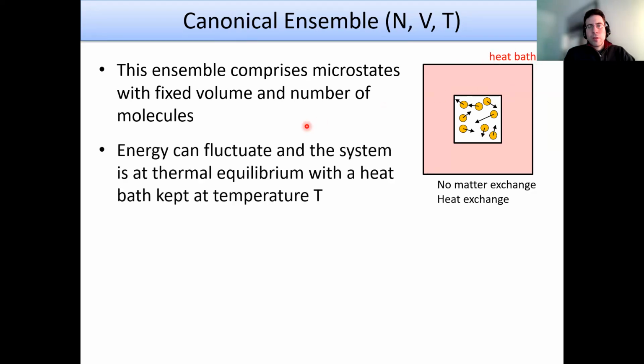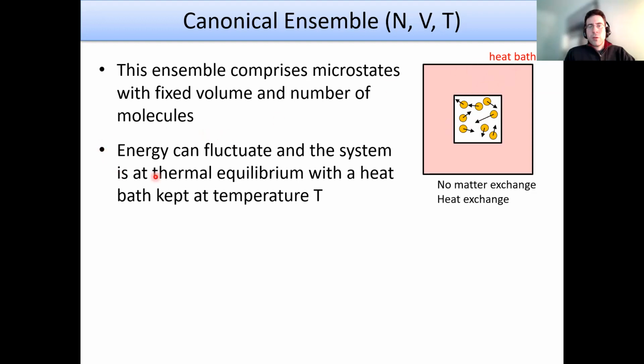So why does this happen? Well, as I said, there is the heat bath and the small system is in thermodynamic equilibrium with it. And of course, the energy can fluctuate. You can have energy going from the heat bath into the system or the opposite.